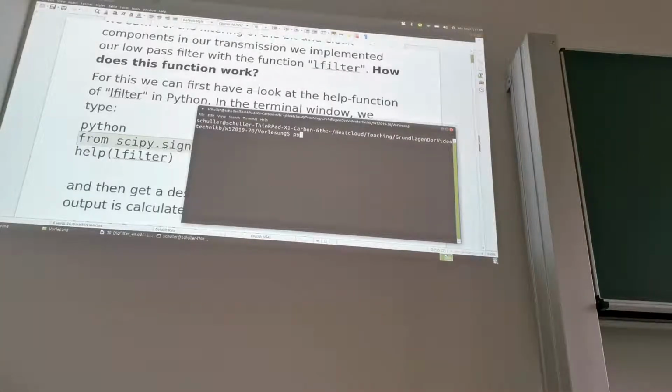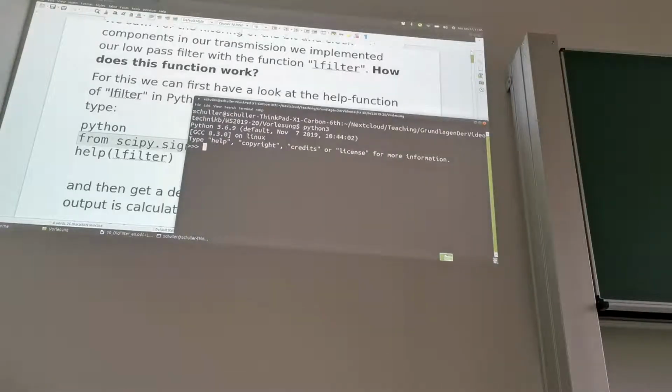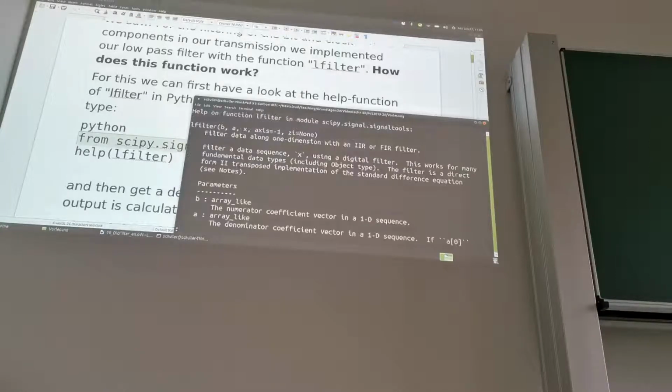So I'm starting Python. Let's just take Python 3, a little bigger, and now import SciPy, and now we can just type help lfilter. So that gives us the description of it.